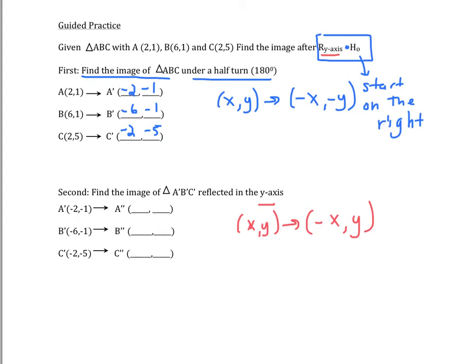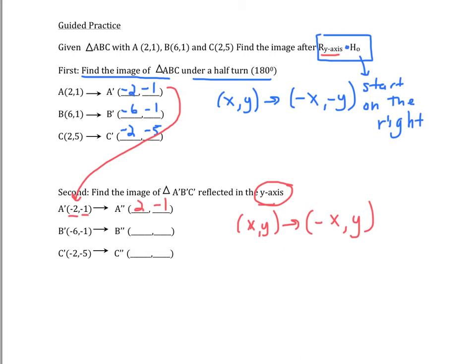So first we take the results, they become our new input right here. So we're going to take negative 2, negative 1 and apply this reflection in the y-axis, and that becomes our A double prime, which will be at 2, negative 1. So take the opposite of the x value, so change the sign, but keep the sign on the y value the same.